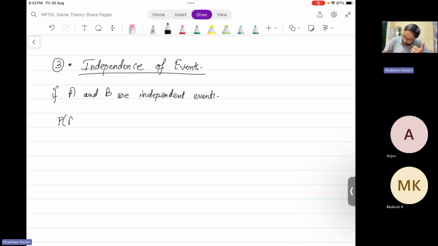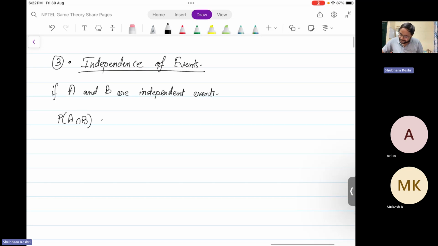Then the probability of A intersection B, which is the outcome common between event A and event B, will equal the probability of A times the probability of B. And this is also required for the questions given in this week's assignment, so that is why I have taken this concept over here. So the probability of the intersection of two events will be the probability of A times the probability of B, provided A and B are independent events.